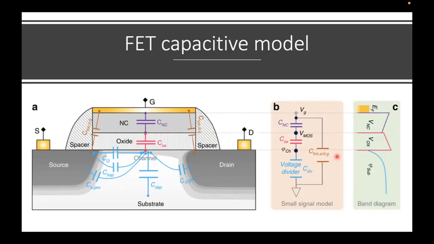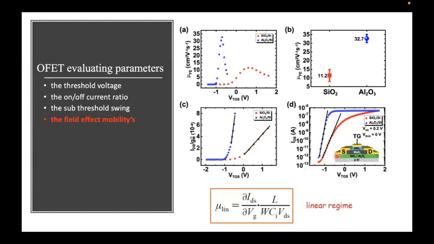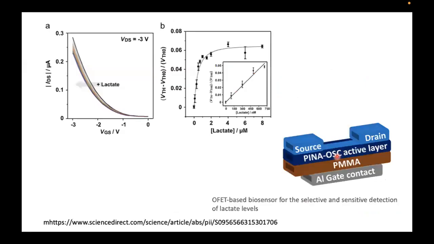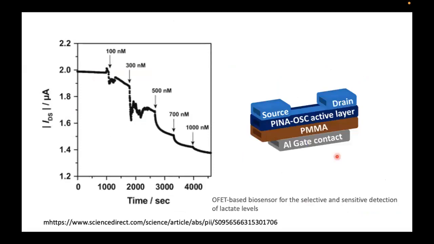But let's turn back to circuits. Now, as we studied, for example, for this lactate example, we understand that by changing the lactate percentage in the blood, which will react with the organic semiconductor acting as an active layer here, this device, which is the OFET, will change its drain current in this ratio.